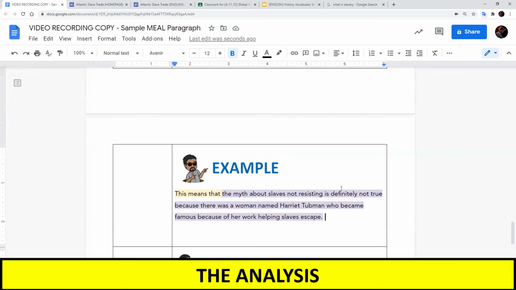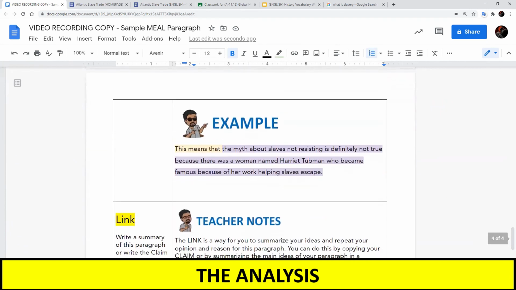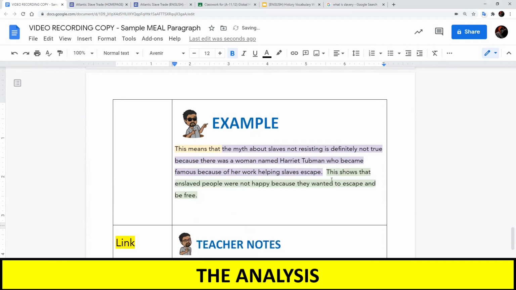And now the next part says that we have to make a clear and direct explanation of how the evidence details connect to your claim. So: "this shows that enslaved people were not happy because they wanted to escape and be free."